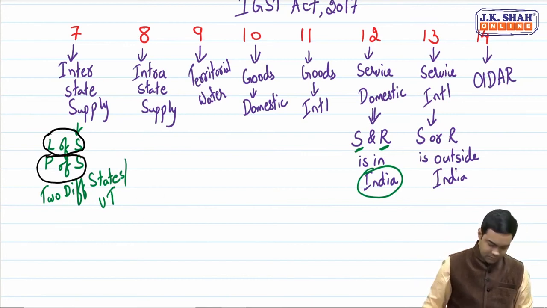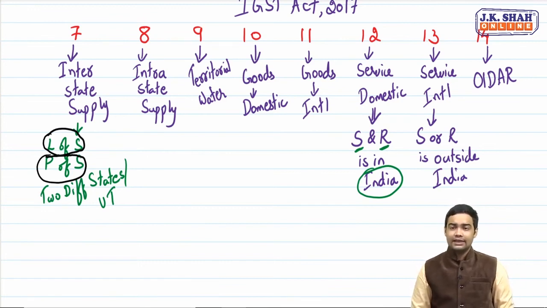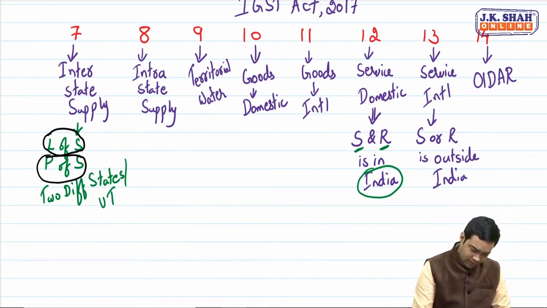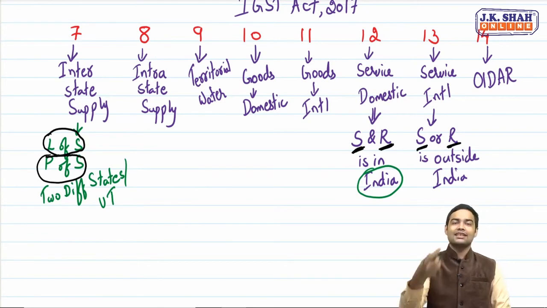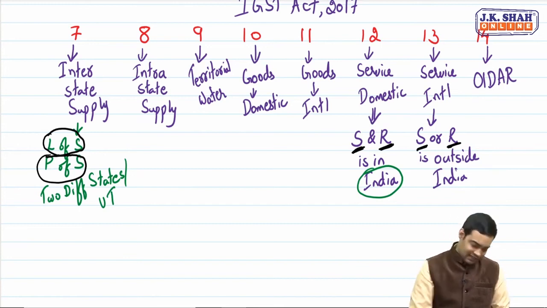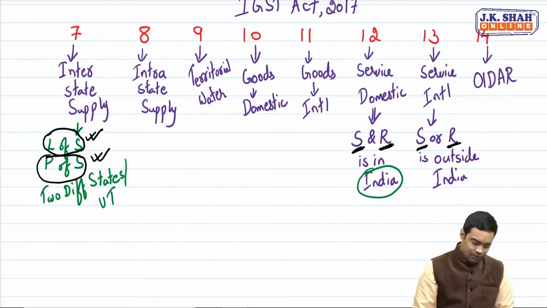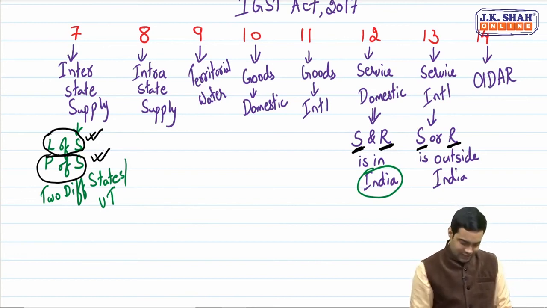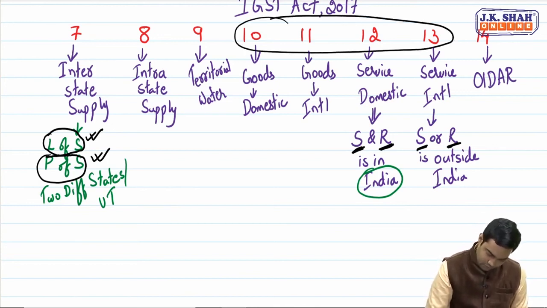See the distinction, people. When we talk about domestic and international transaction, what are we comparing? Supplier and recipient. But when we are identifying whether it is interstate supply or intrastate supply, what are the two things which we are comparing? Location of supplier and place of supply. From where will you get this place of supply? You will get this place of supply from these four provisions.